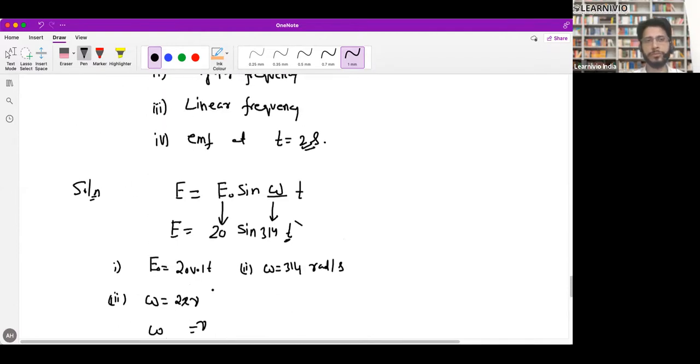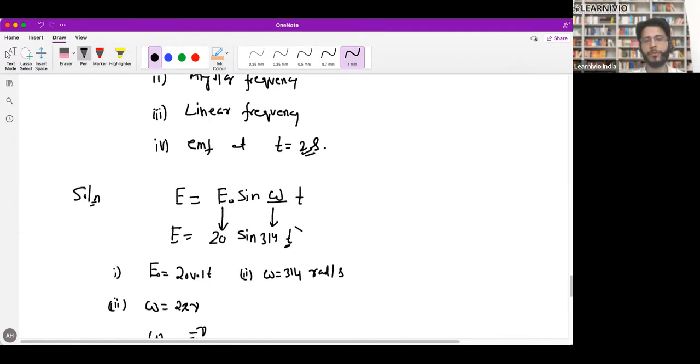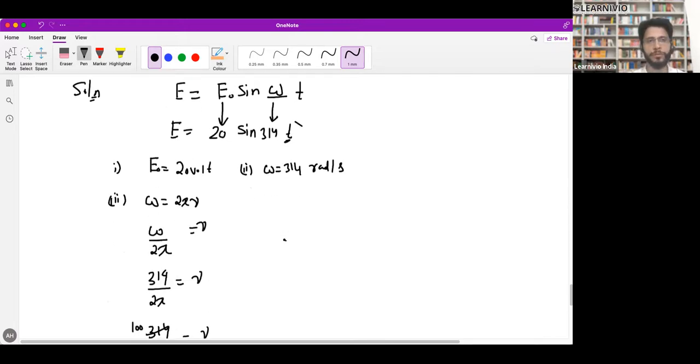So in this equation, just substitute t equal to 2. Note it down. Yes, sir, clear.